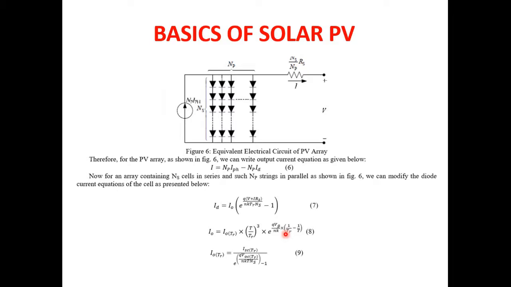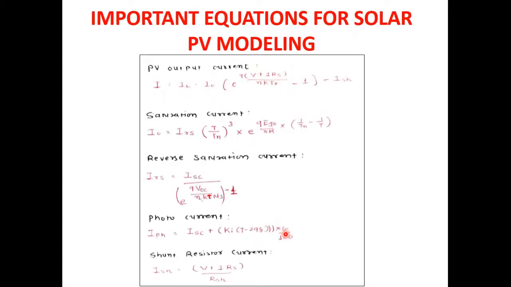Now we have to implement all these equations in MATLAB. So the important equations for solar PV modeling in the MATLAB software: the first one is the PV output current, I is equal to IL minus I0 (e raised to q into (V plus I Rs) by N K T, minus 1) minus ISH.